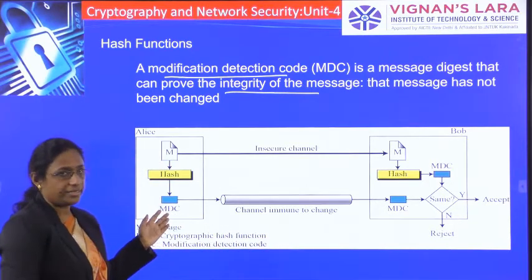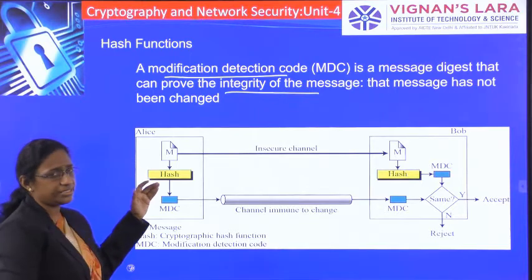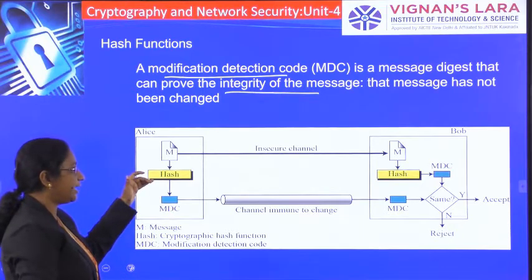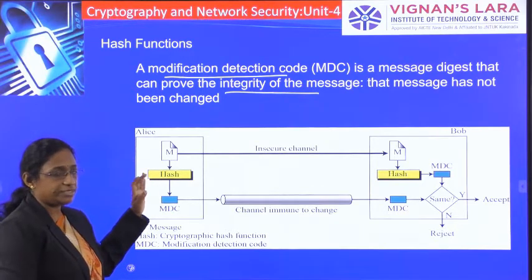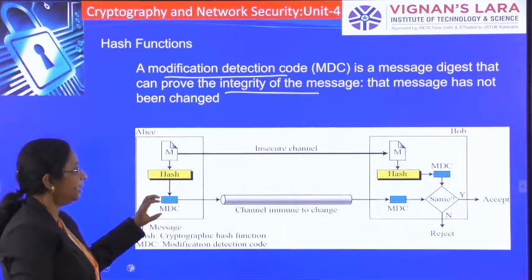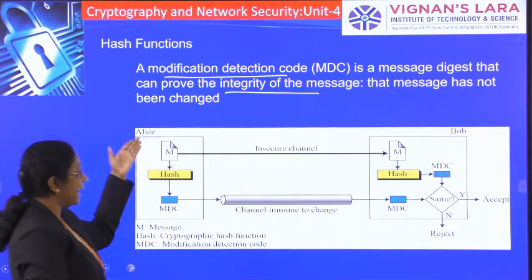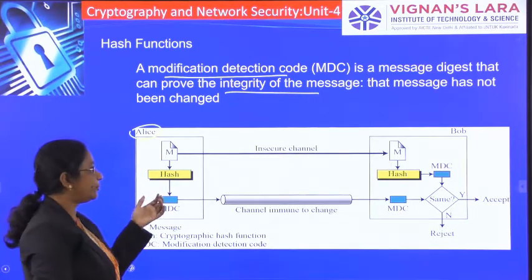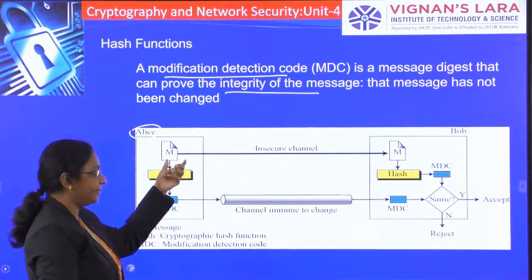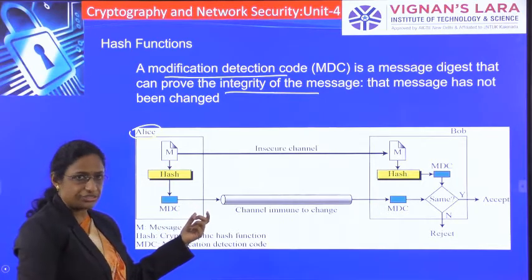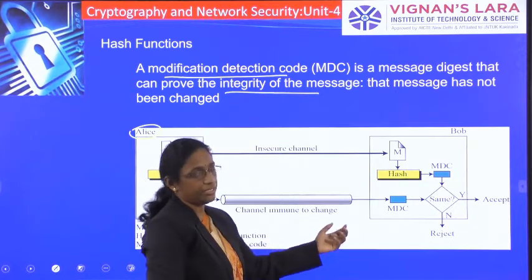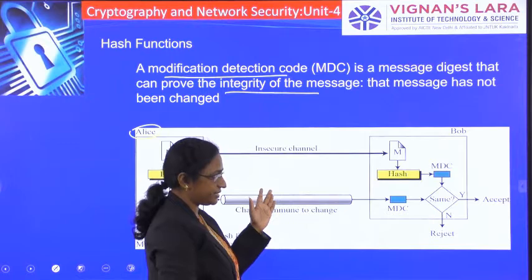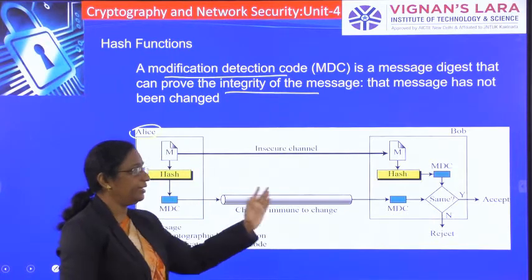Here the sender first generates a modification detection code by applying the hash algorithm on the message. The sender is Alice. Alice sends the message as well as the modification detection code to the receiver, who is Bob.